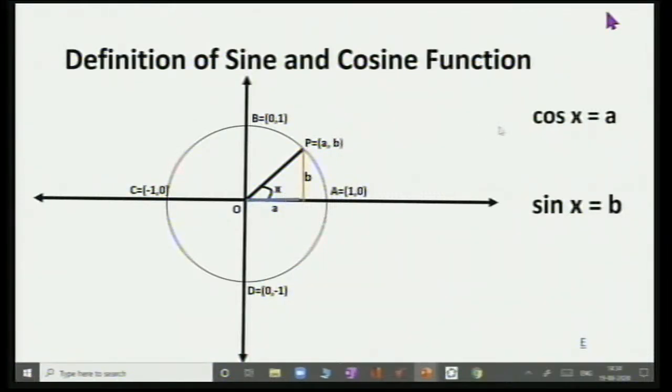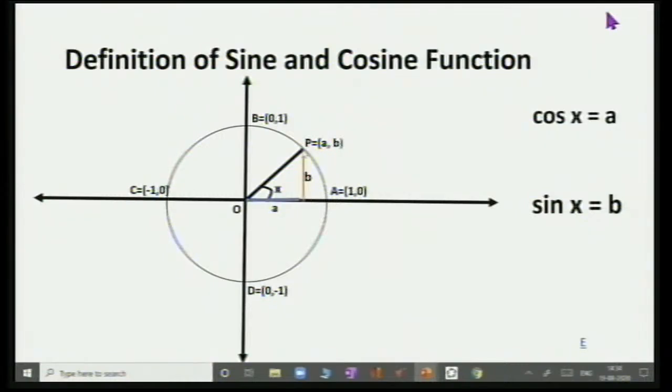So what is this a? We define the first trigonometric function, that is cos function, as this a. So cos of x is a and sine of x is b. So you can see in the figure that there is a representation for this a and b. This a is represented by this blue line and this b is represented by this orange line.